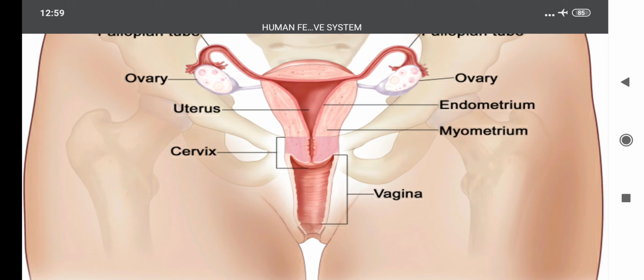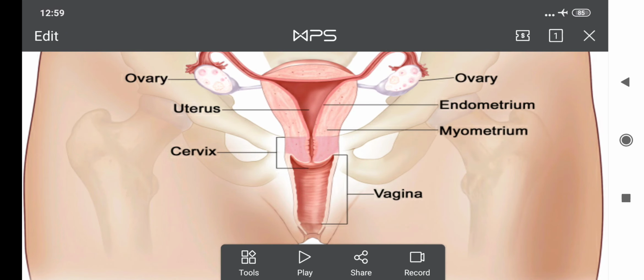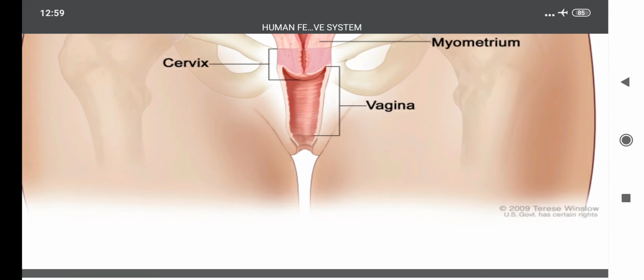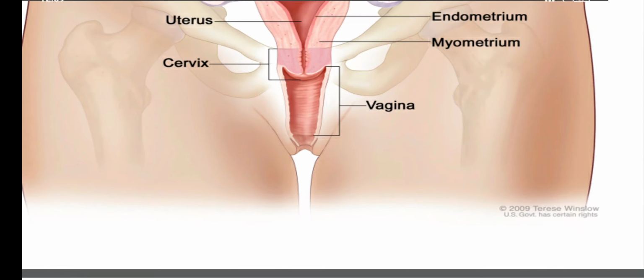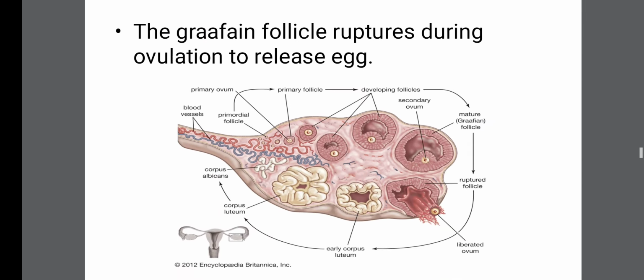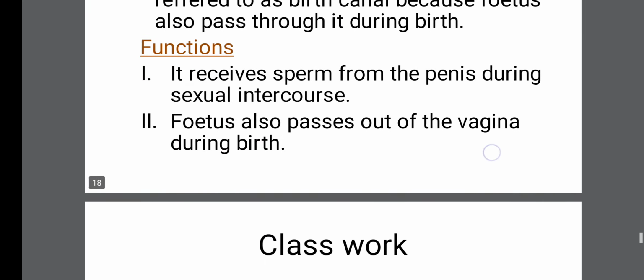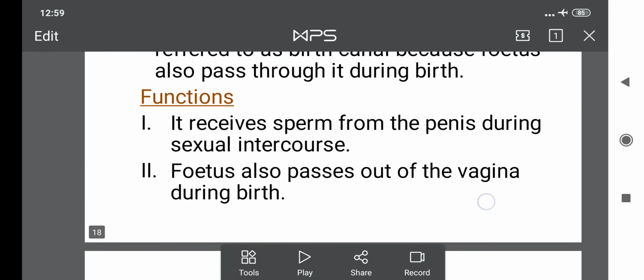When it leaves the womb, it comes into the vaginal canal, the birth canal, before it comes out of the vagina. So the vagina helps to receive sperm during sexual intercourse. The cervix helps to control the opening of the womb during birth.